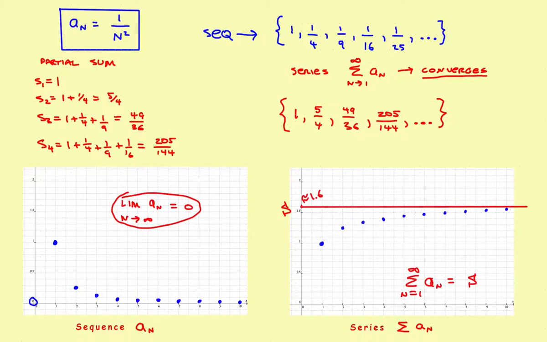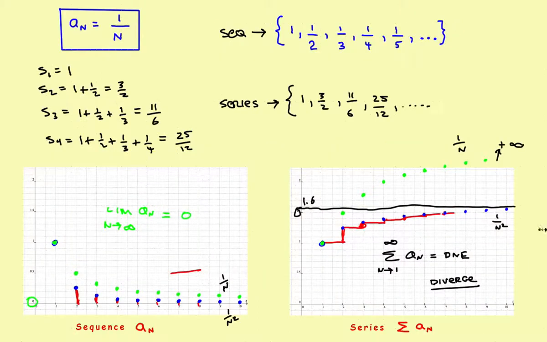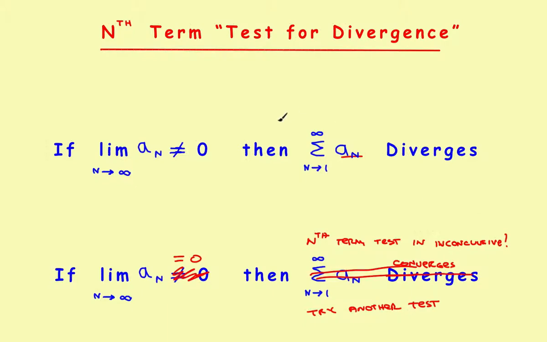But in the second example, you had sort of the same thing: again, the green dots were getting closer and closer to 0, so the limit of the sequence again approached 0, but in this case, you had these green dots here, and it diverged. So just because the sequence is approaching 0 doesn't necessarily mean that the series itself will converge. Maybe it'll converge, maybe it will not converge, and that's where this nth term test comes from.